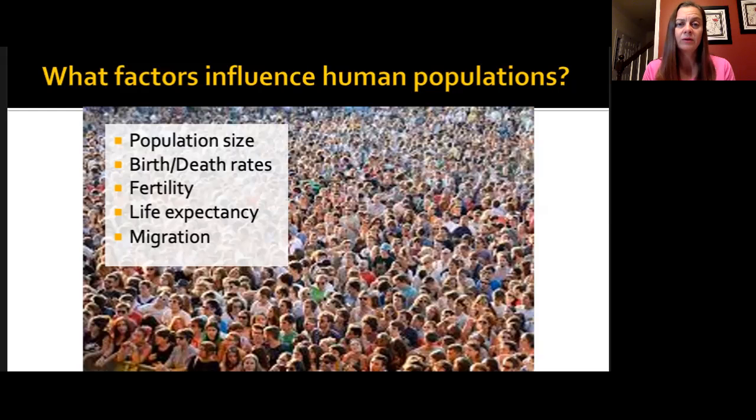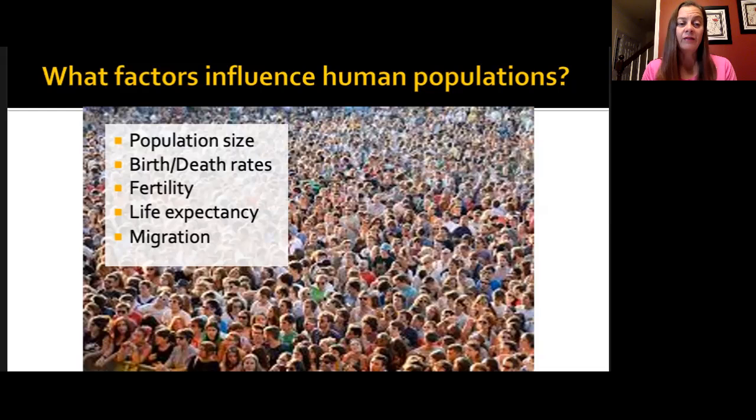Higher death rates are going to keep populations in check. The fertility, so the number of children that each woman has, along with life expectancy, and then migration. This can be immigration, meaning people immigrating in, or it can be emigration, meaning people emigrating out of a particular country or area.